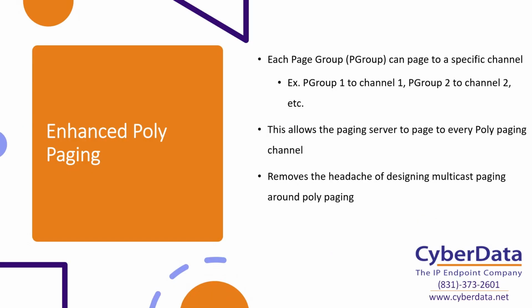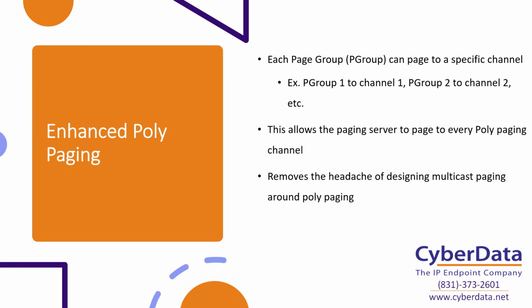Next, and finally, to our last feature, we've got enhanced Poly paging. One of the, honestly, kind of the pain points in designing a multicast-based paging system with a lot of our products and just general VoIP is working around Poly paging. Poly devices, formerly Polycom, their phones use channels for multicast paging instead of the standard paradigm of a unique multicast address and port for each priority.